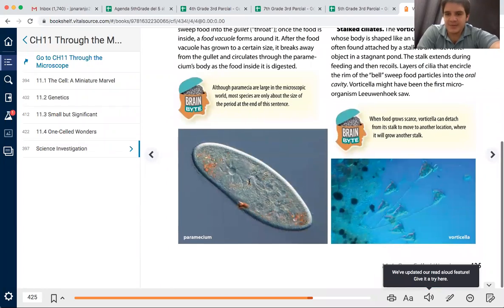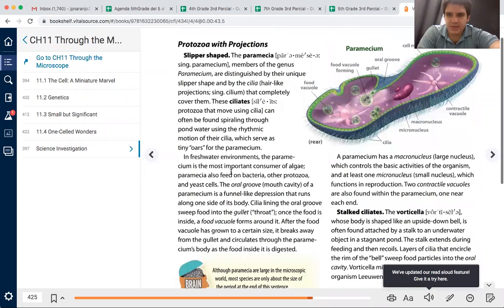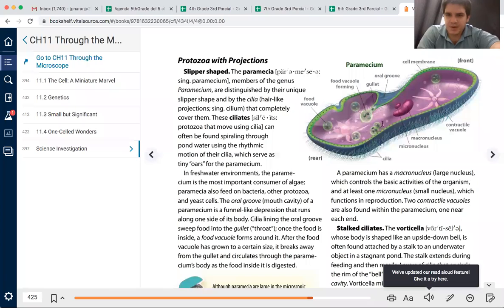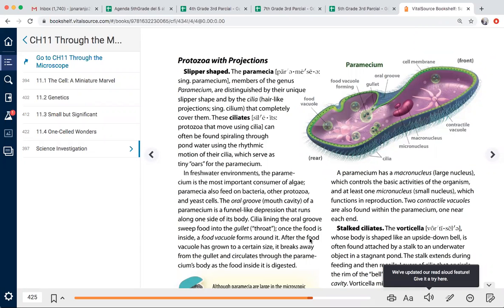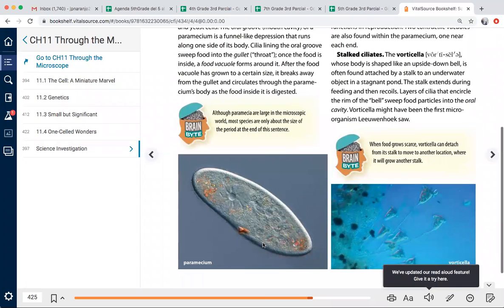So there's a paramecium. Look at, they're single-celled. All right, this is the nucleus. See up here. So this is what it looks like. I can't see this right here. All right, this is what it looks like, and then this is what it looks like in a microscope. All right.